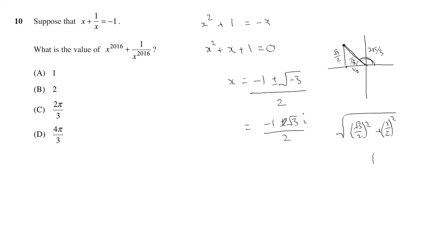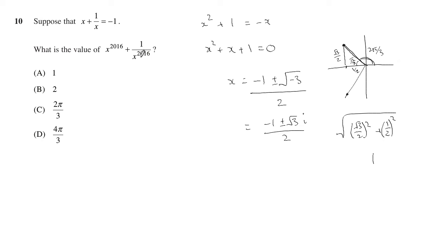And it could also be negative, it could also be down here instead. It doesn't really matter which one, they're both going to have the same answer, so I might just ignore the negative solution. So to work out x to the 2016, that's going to be 1 to the 2016, and then the angle is going to be 2 pi on 3 times 2016.